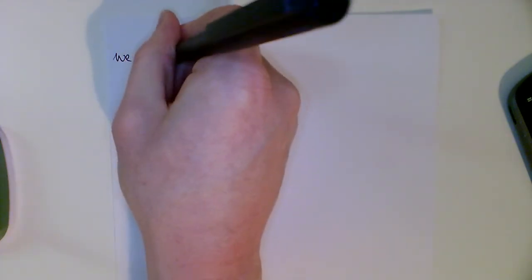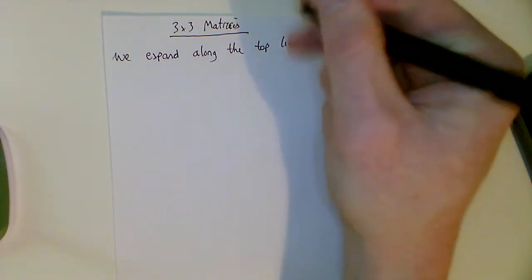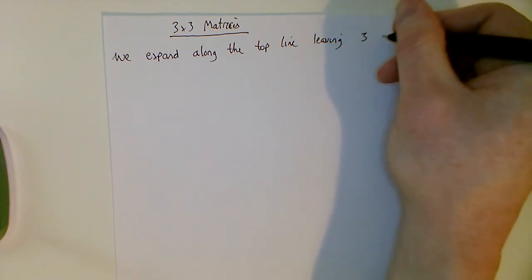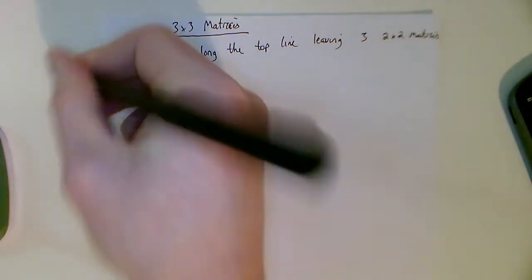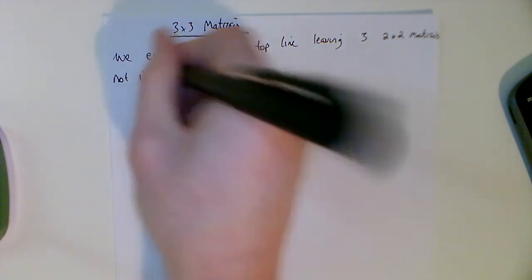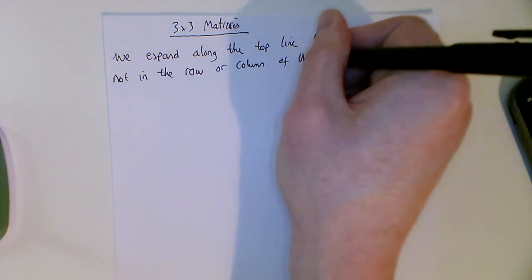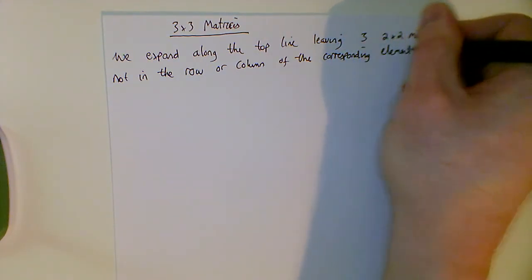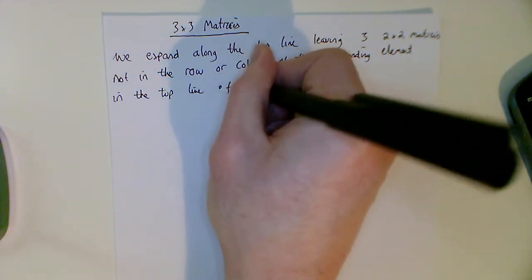Right, so what we do is we expand along the top line, leaving three 2 by 2 matrices, not in the row or column of the corresponding element in the top line of the 3 by 3 matrix.